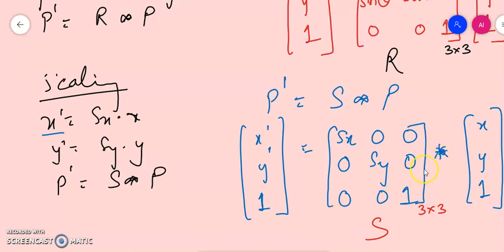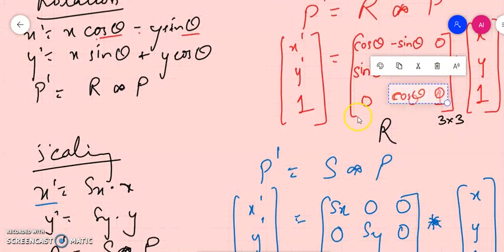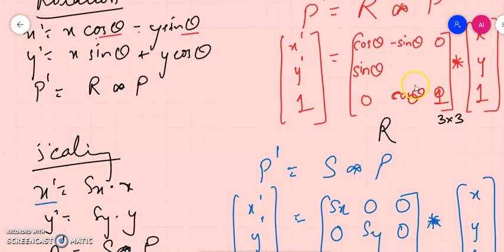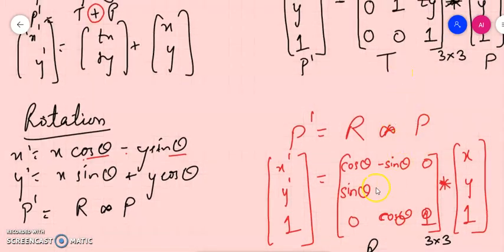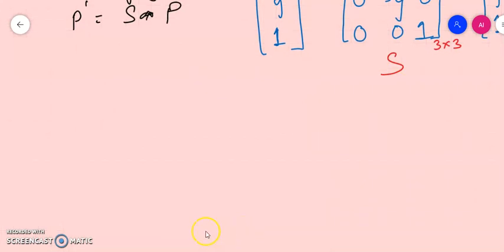So in all the three matrices that we have done right now, let it be translation, let it be rotation, or else let it be scaling, what we have done is, to summarize it here, my translation matrix has turned out to be a 3 cross 3 matrix, and the operation has become multiplication.